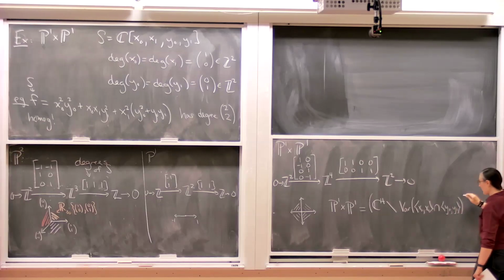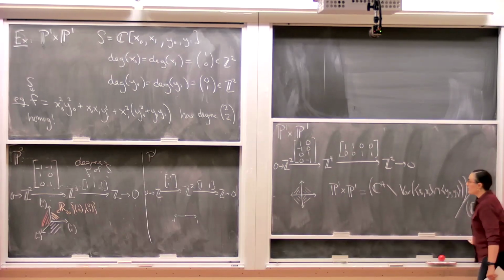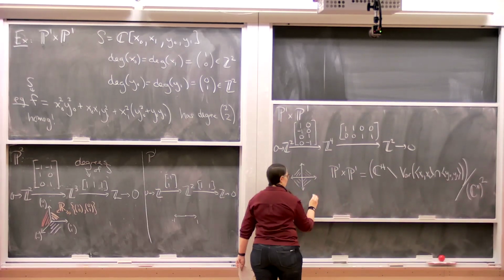So I'm taking this whole thing and I'm going to quotient now by a C star squared action. We're here now.